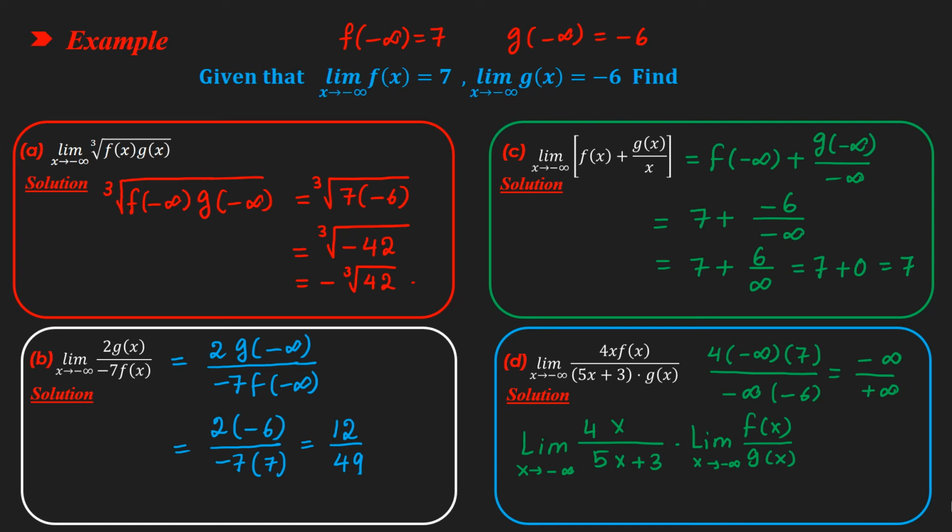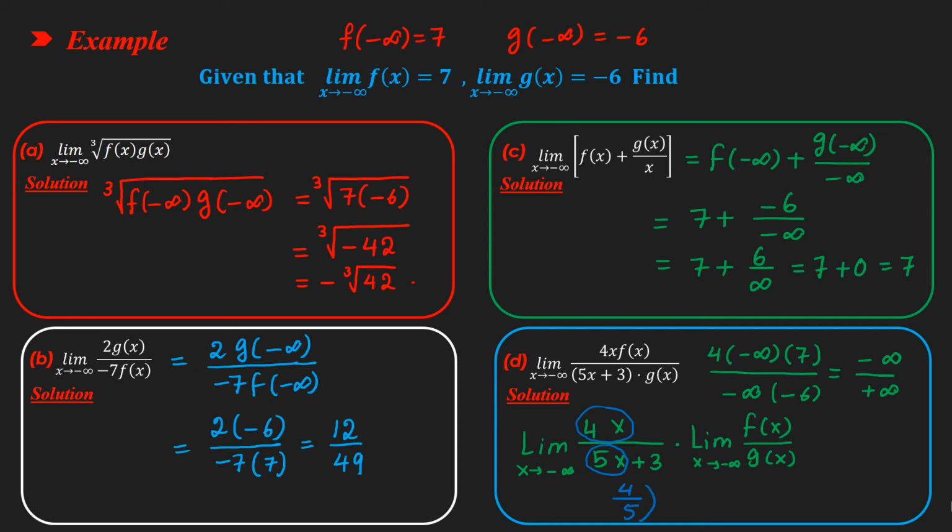For the first limit, you have to take the highest power in the numerator and the highest power in the denominator, because we have a polynomial divided by a polynomial. When x goes to infinity or negative infinity, you have to take the highest power, so you will get 4x over 5x, cancel x, you will get 4 over 5.